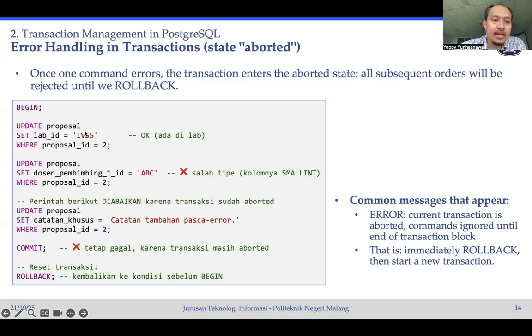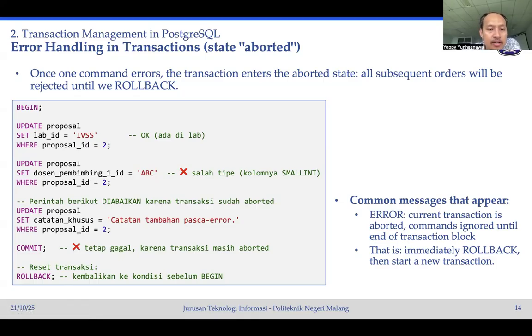Because IVSS exists, this operation is okay. And then update proposal set dosen pembimbing 1 ID equals to ABC. This is wrong data, so this operation will error. And then the third one is update proposal set catatan khusus, catatan tambahan pasca error. This will not be executed, because operation 1 is a success and operation 2 is a failure, so the next operation will not be executed.